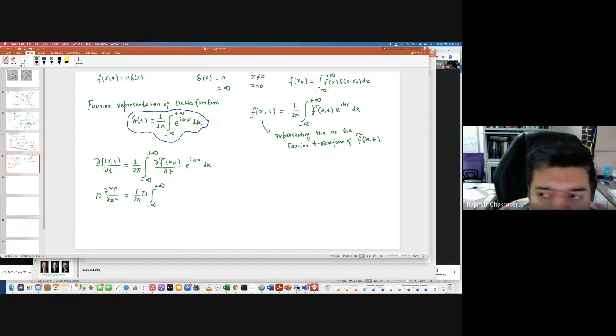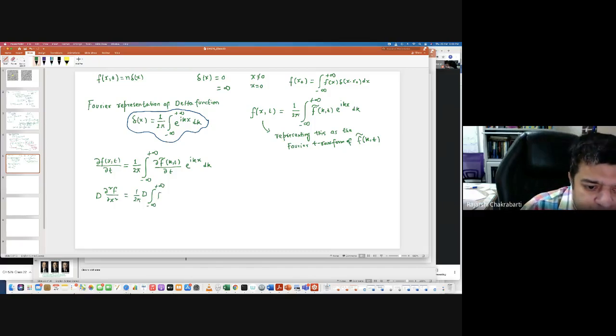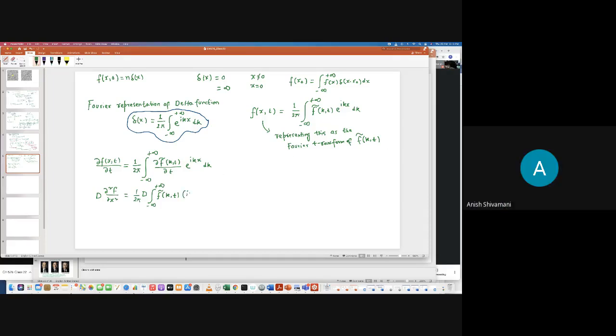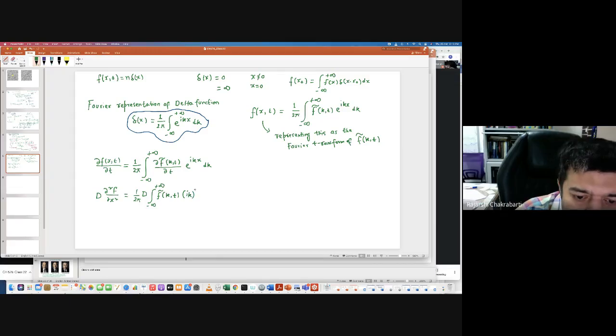Where is x sitting? x is sitting here, in the exponential of ikx, not in f tilde. So f tilde is unaltered. But if I take a derivative of this exponential of ikx twice with respect to x, what do I get? Minus k square. I get ik whole square, isn't it? Is this fine?